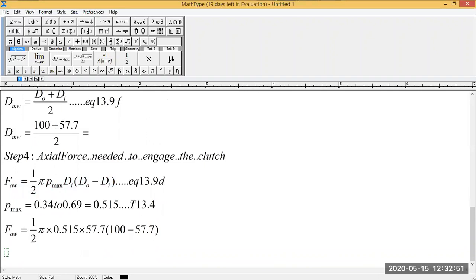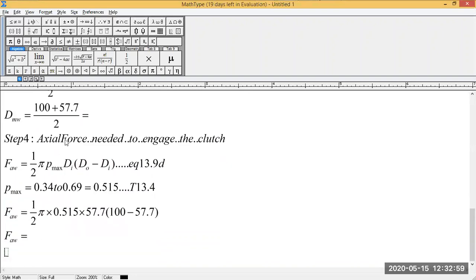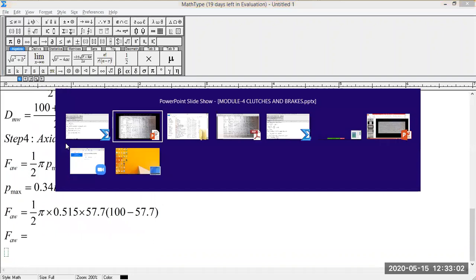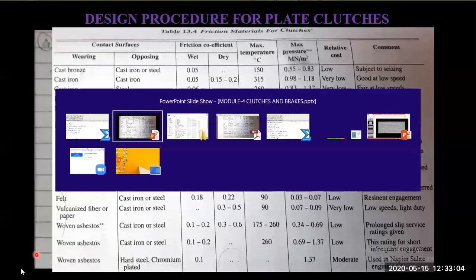So we'll get this FAW from this. Let's calculate that. Let me know in the group chat. So right, that's about step 4. We'll move to the last step.